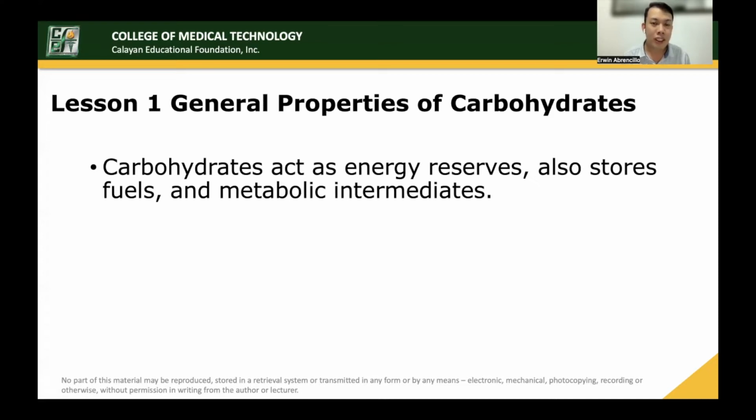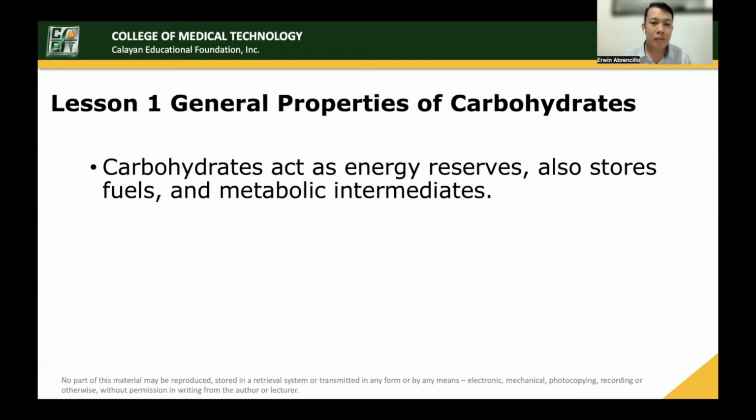So that is also the reason why we can easily access sugar in our body. For example, the glycogen that are stored in the liver are converted into glucose whenever there is a low amount of glucose in the blood.